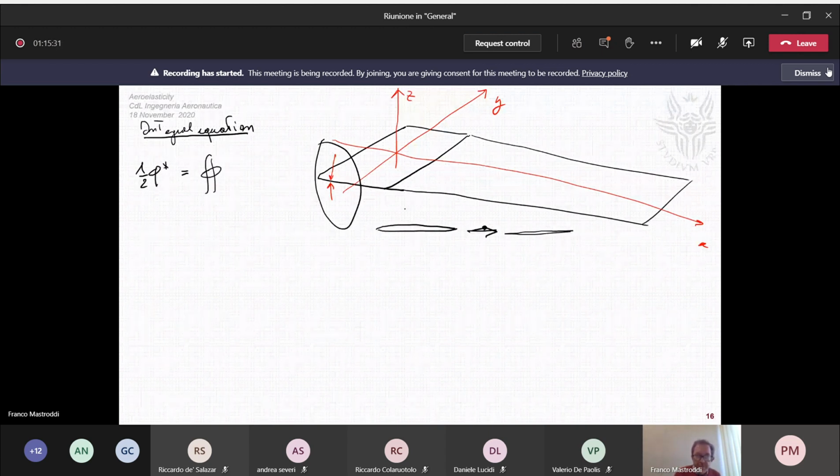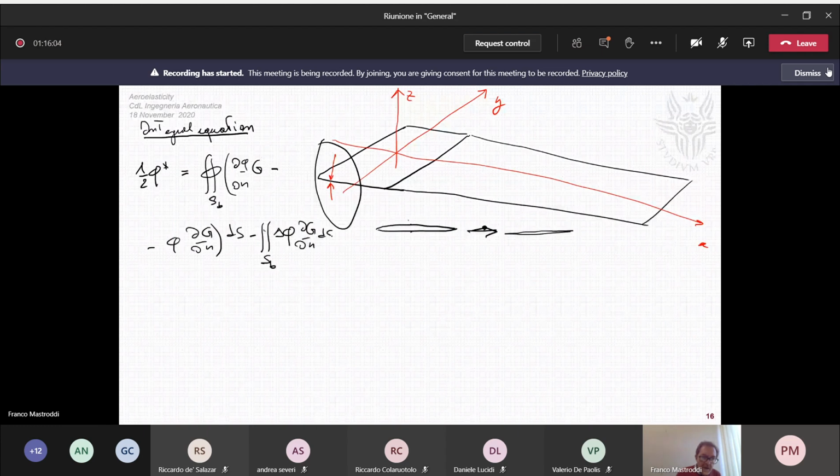I consider a point here on the surface, and so I have this S body and the phi dn G minus phi dG dn, dS, minus the integral on S body delta phi dn G dS wake.